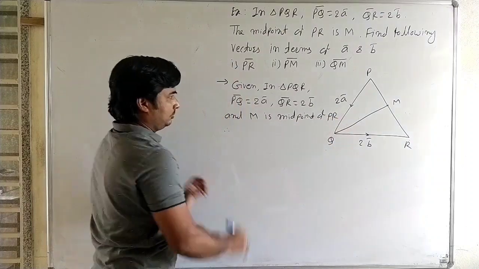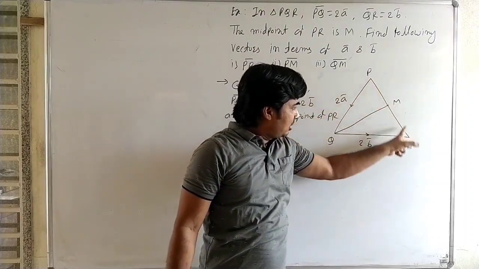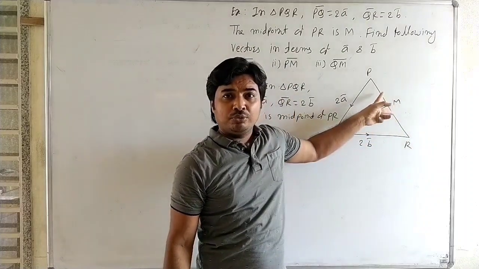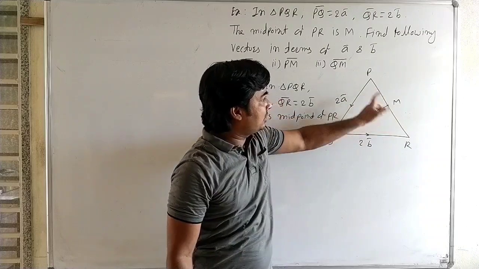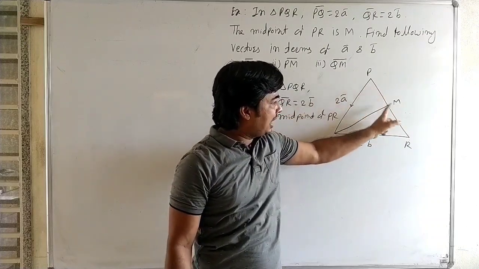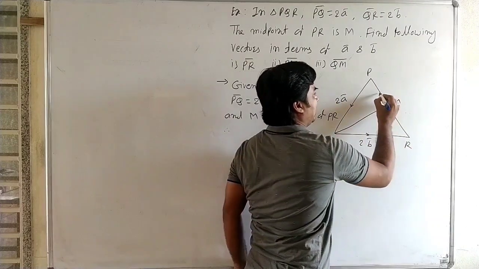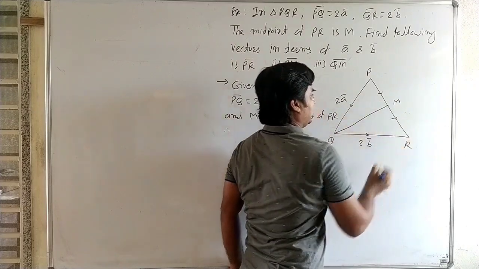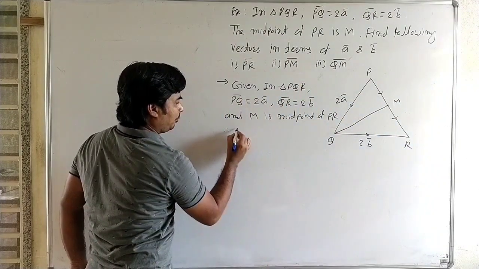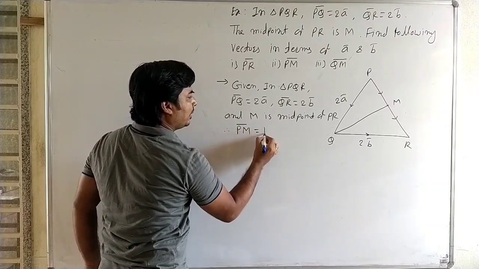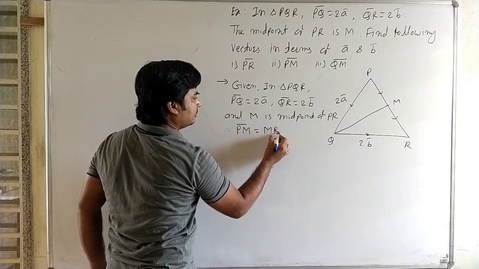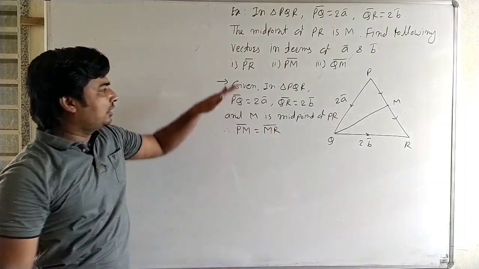Therefore, M divides vector PR into two equal parts, that is, the magnitude of PM and MR is the same, and the direction of PM and MR is the same. Therefore, we can write vector PM is equal to vector MR. Okay, these are the given conditions.